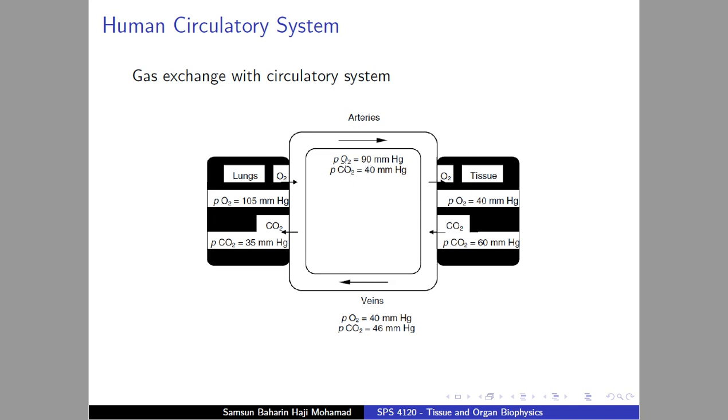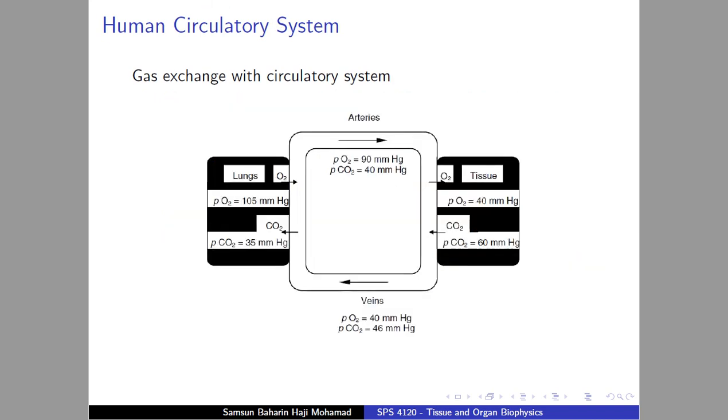So we can see that the pressure of O2 is higher than CO2, so there will be an interchange: O2 goes outside the arteries, and CO2 comes into the arteries and moves to the lung. And even here in the tissue, PCO2 equals 60, which is more than this one, so it will go to the arteries, and here O2 is 40 versus 90, so O2 will penetrate the tissue.